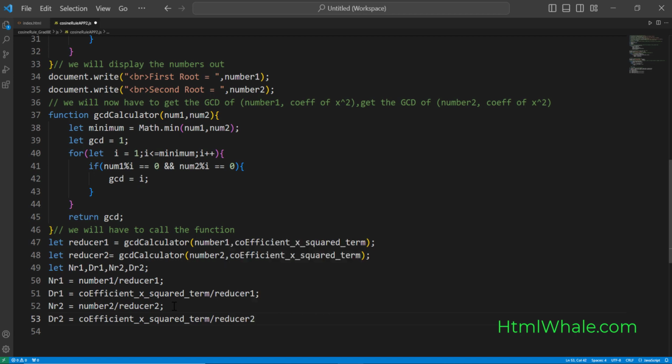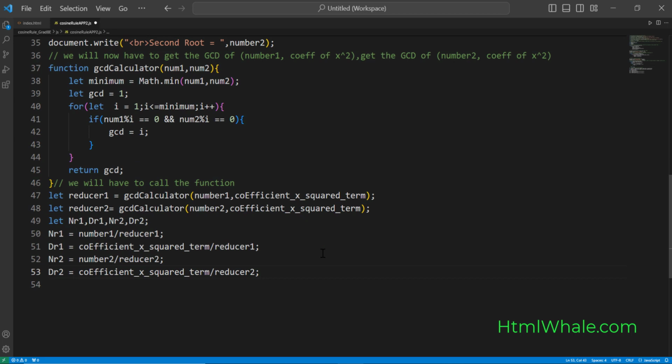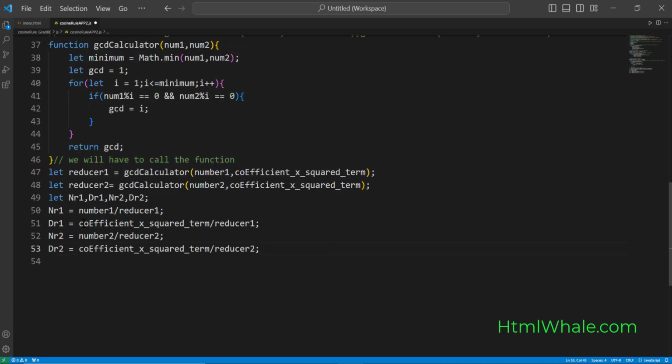Okay, that looks fine. So we get the numerator and the denominator, and we get the numerator for the second quantity and the denominator for second quantity.